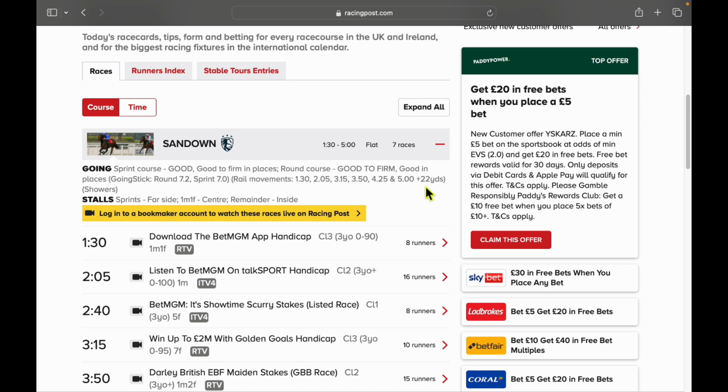They are ran 22 yards further than the advertised distances. Now that doesn't make too much of a difference when you do the going allowances, but it makes a big difference when you're doing your speed figures. You need to know if the rails have been moved, because 22 yards is 66 feet, and 66 feet is basically 7 lengths. The horses are running about 7 lengths further, and when a horse can win by a nose, it makes a big difference.